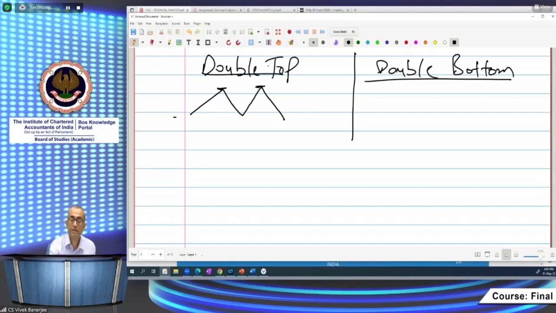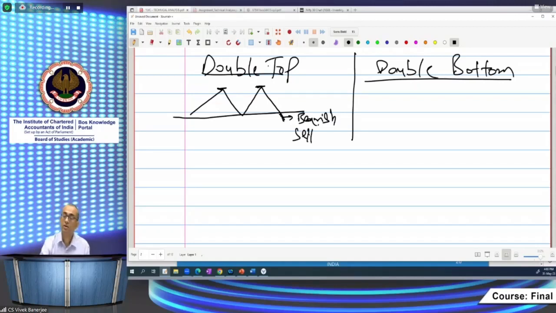A neckline is formed, and whenever it breaches this neckline, it is a bearish signal, or you can say a sell signal.